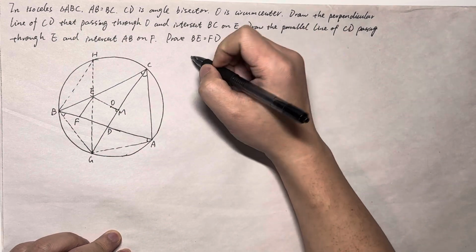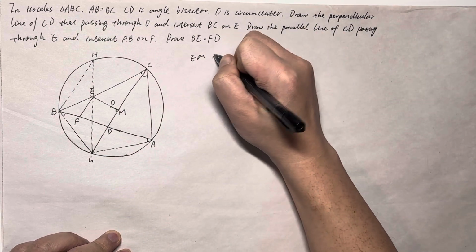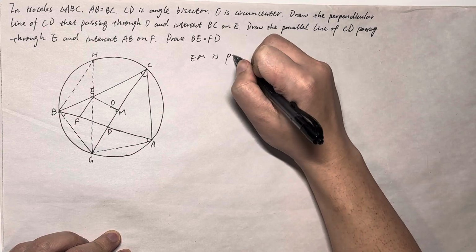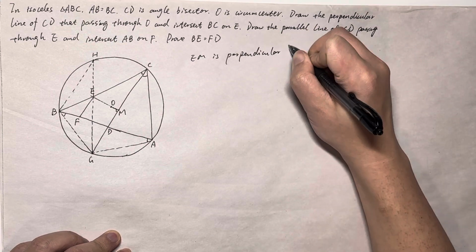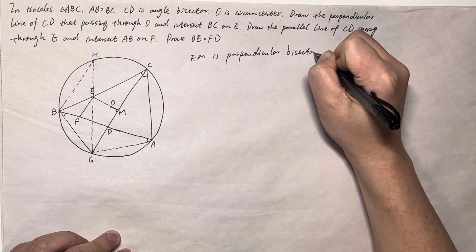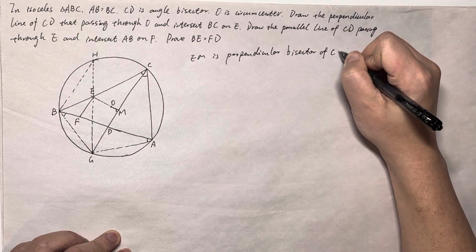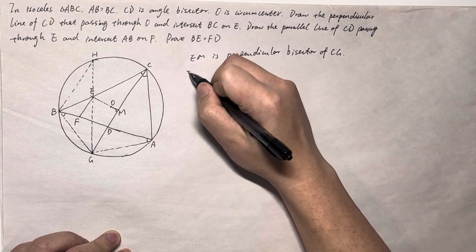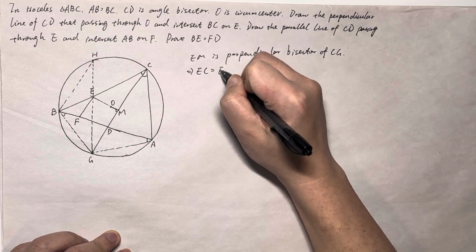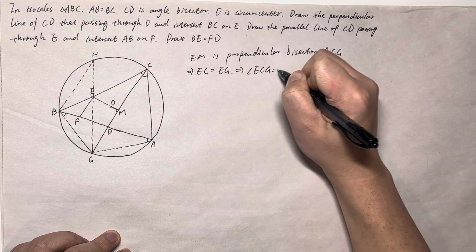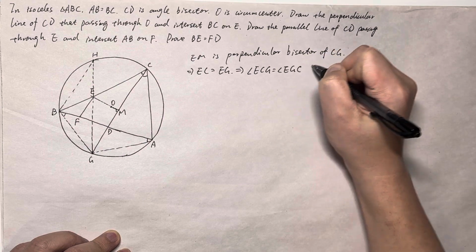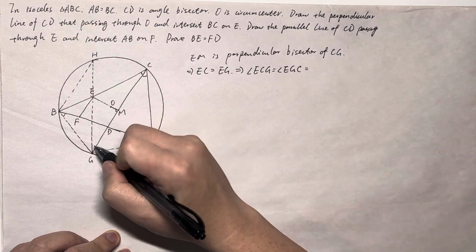EM is the perpendicular bisector of CG, so we got EC equals EG, which means angle ECG equals angle EGC.